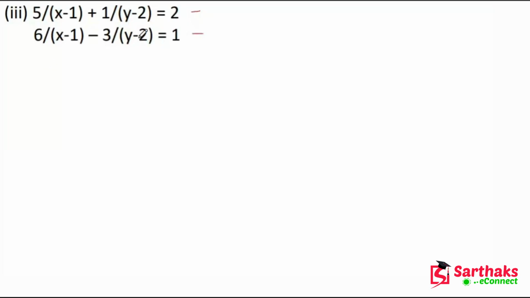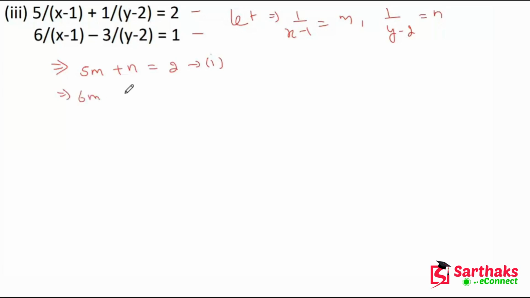Okay, so let 1 upon x minus 1 be equal to m and 1 upon y minus 2 be equal to n. Then 5m plus n is equal to 2, equation first. And 6m minus 3n is equal to 1, equation second.